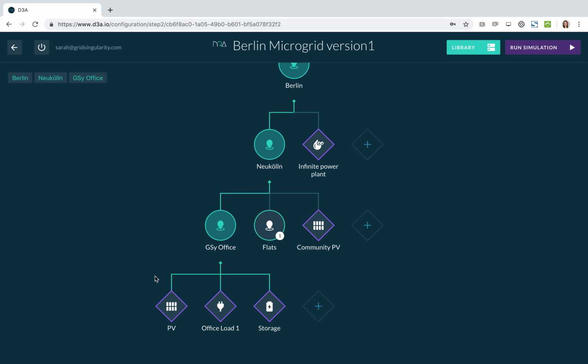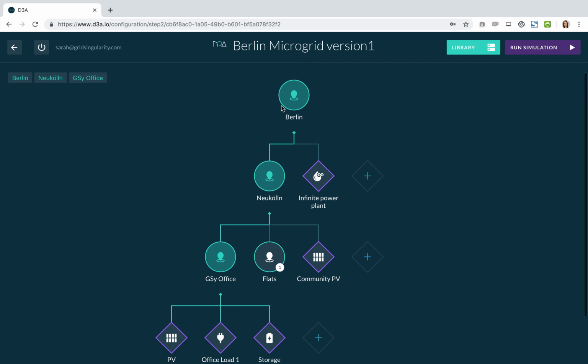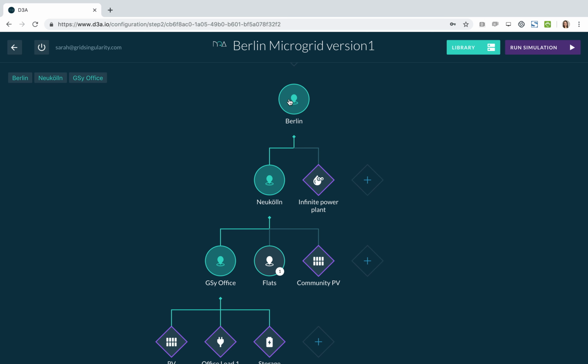Community as a service looks at enabling a community to trade with each other in a way that benefits the utility or DSO. That's one use case we focused a lot on. If you're building something similar, you want to configure all the homes or different smaller microgrids in your community, and then have a point where they're connected to the main grid.